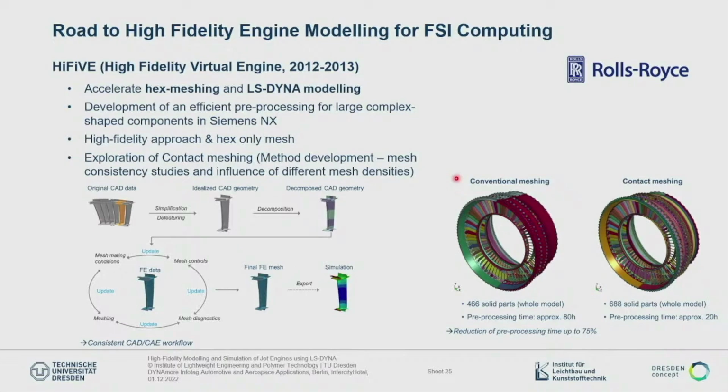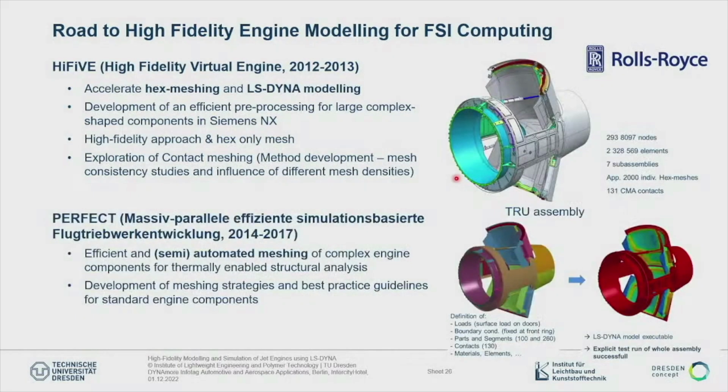We established a methodology we call contact meshing, where we just stick together areas which are not as important for the failure or for structural simulations, also only for stiffness. We just glued components together, which put us in the position to make the meshing process much more efficient.